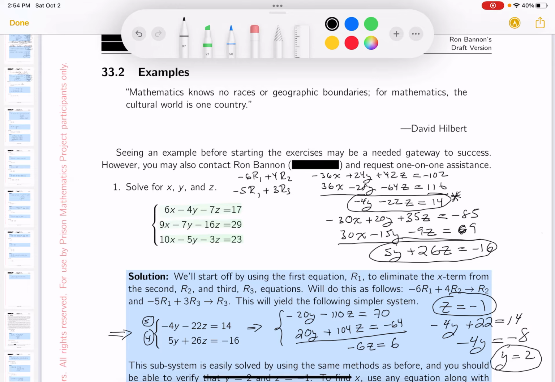And now I want to go backwards and find another equation that has a z in it, a y in it, and the letter x in it. And I'm going to use this one over here. Let's go for it. 6x. Now, what's minus 4y? That would be minus 8, right? And minus 7z would be plus 7 and 17.